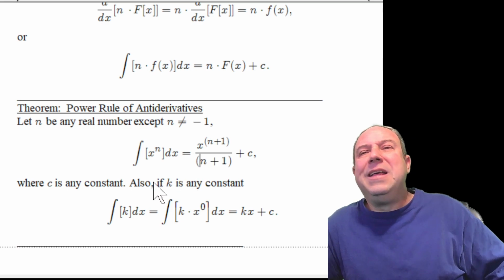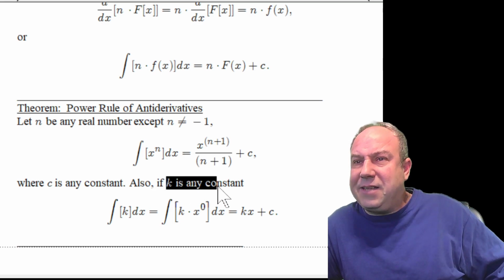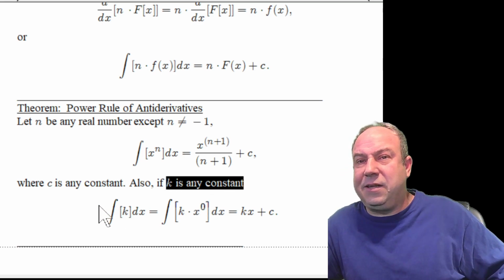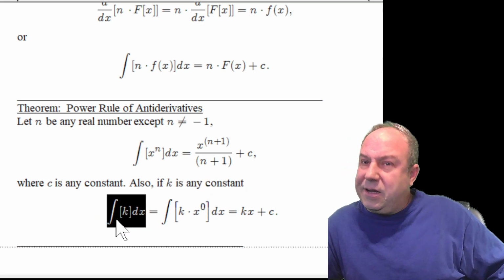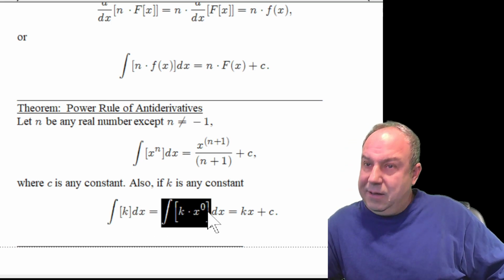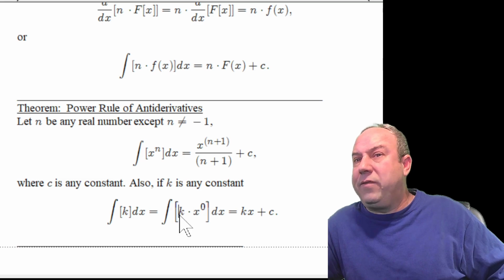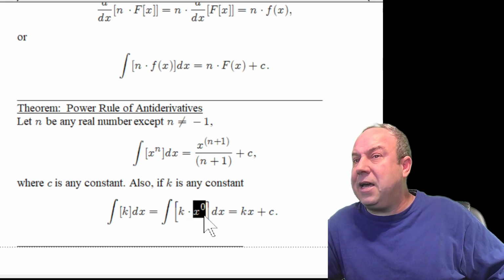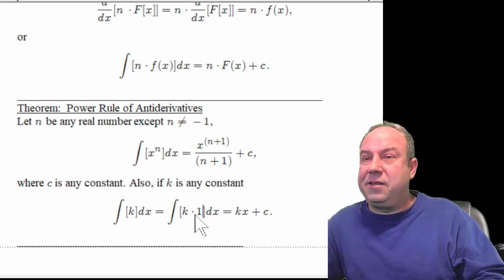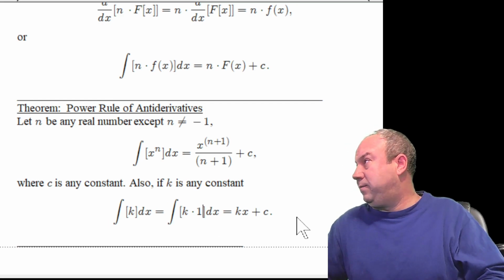Similarly, if k is any constant, and we apply the antiderivative operator to that constant, it will be applying that antiderivative operator to the constant times x to the 0 power, because we understand x to the 0 power is equivalent to 1.